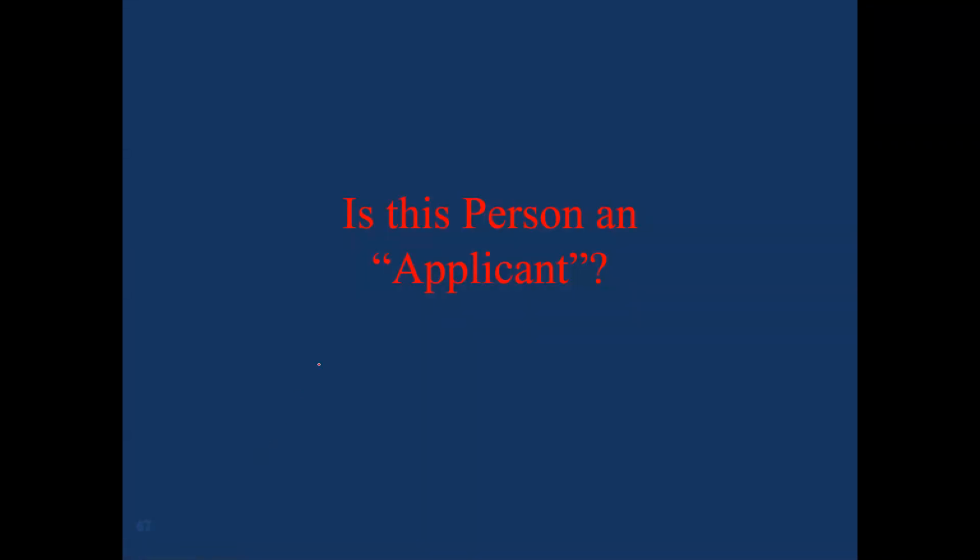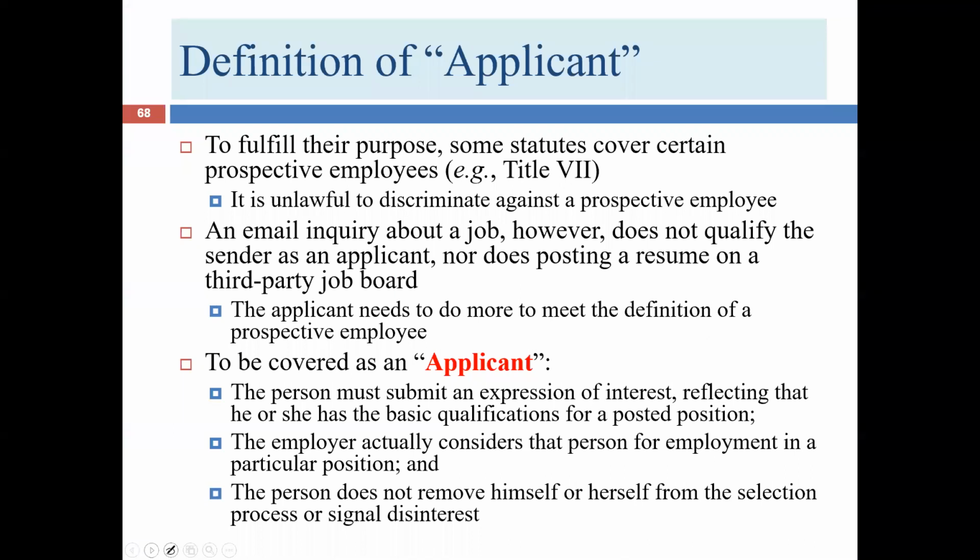And so this discussion is about whether a person is an applicant yet, or what does a person have to do to get that legal term applied to them. And here we have the definition here. So again, if you're working on Quizlet, you may want to use this definition to prepare.